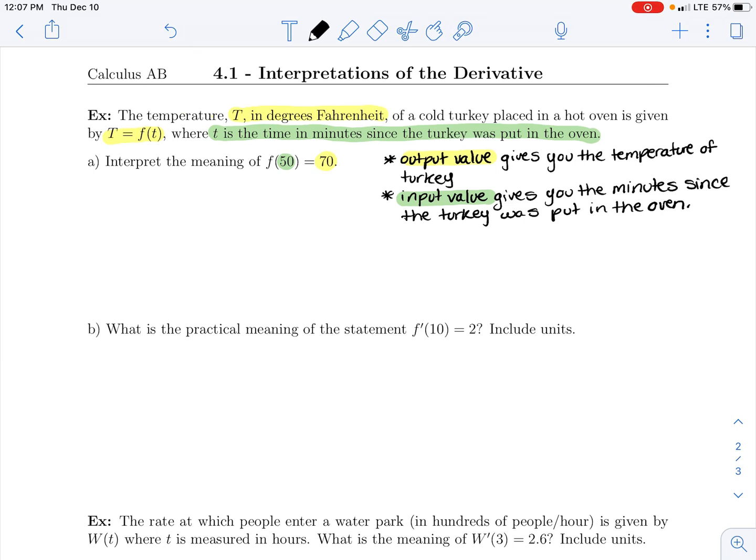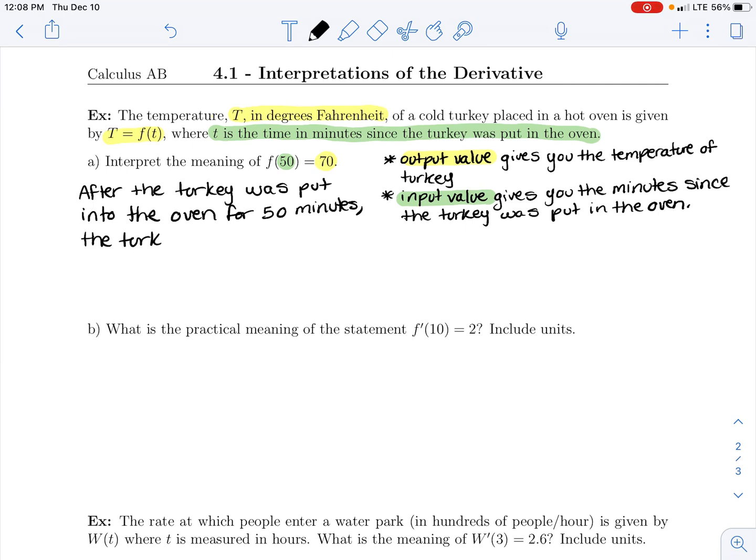After the turkey was put into the oven for 50 minutes, the turkey is 70 degrees Fahrenheit, because it gives us the temperature of the turkey in degrees Fahrenheit.